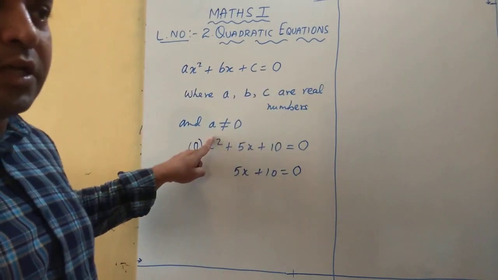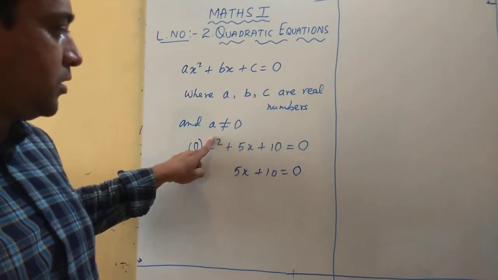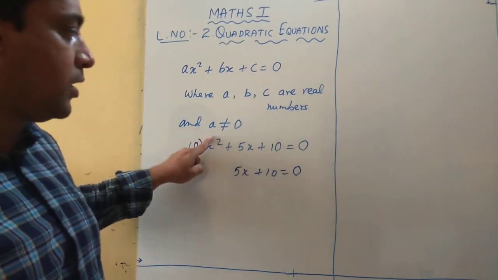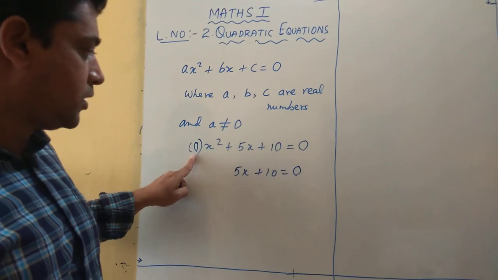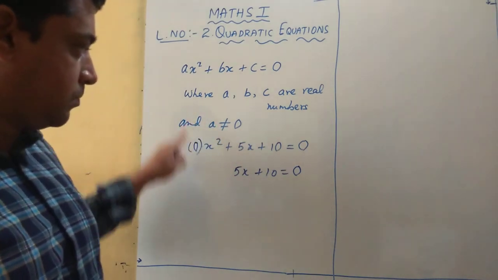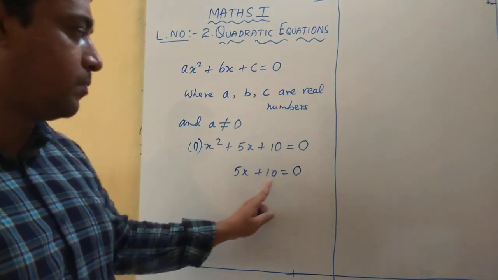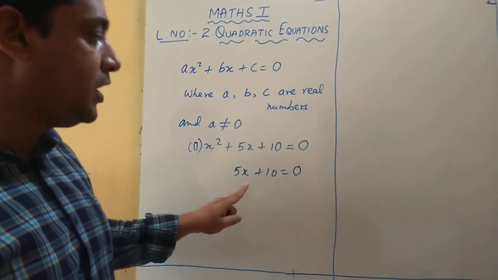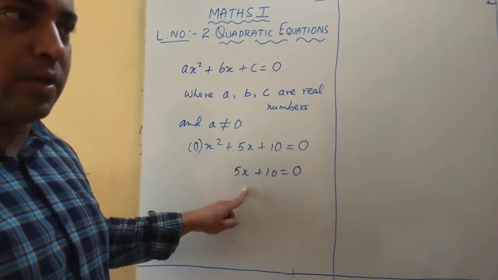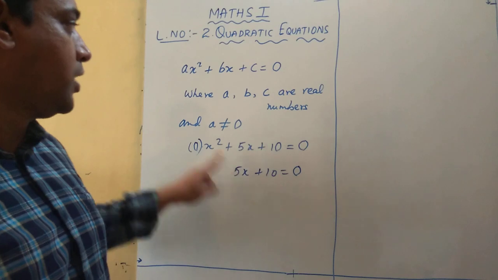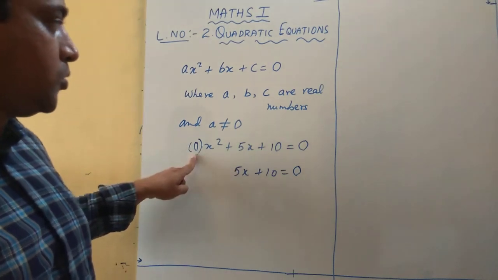Why? The degree 2 is what shows that the equation is a quadratic one. Now here when I apply 0, the first term disappears, and you have 5x plus 10 is equal to 0. This will be a linear equation in one variable. Okay, it won't be a quadratic equation in one variable. Therefore, a can never be equal to 0.